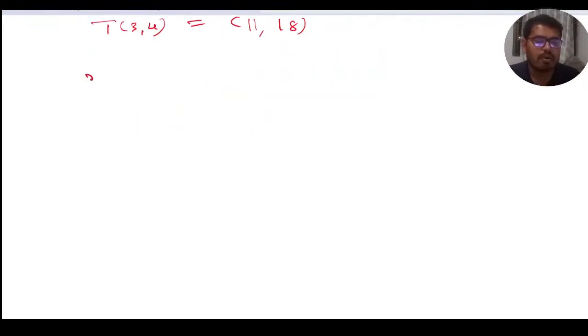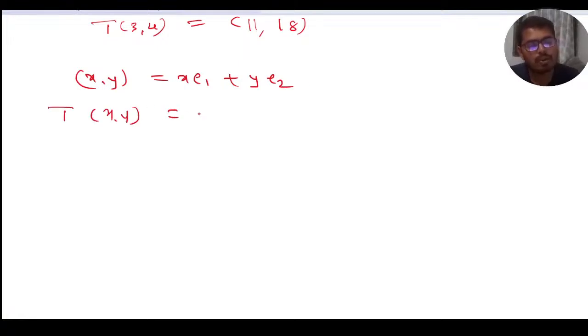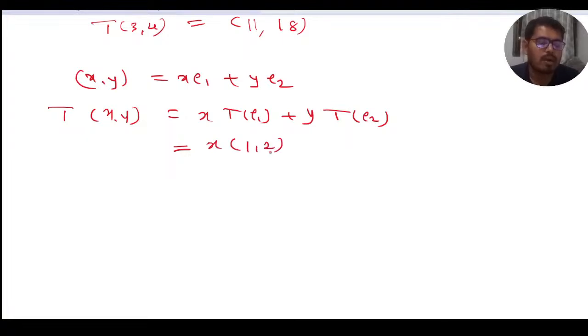We can find out: (x, y) can be written as x into e1 plus y into e2. Then apply T here. T(x, y) is equal to x of T(e1) plus y of T(e2). Then T(e1) is (1, 2) and T(e2) is (2, 3).